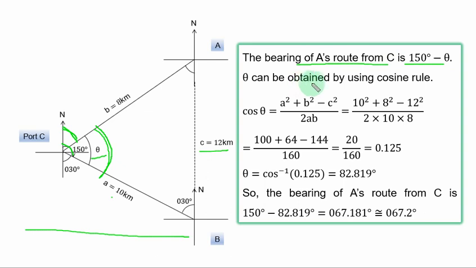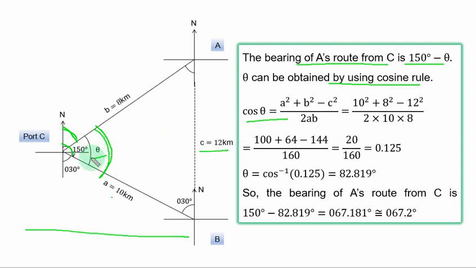Theta can be obtained by cosine rule. In trigonometry, one of the conditions of applying cosine rule is that the three sides of the triangle are given. The rule is in three forms in respect to each of the angles.